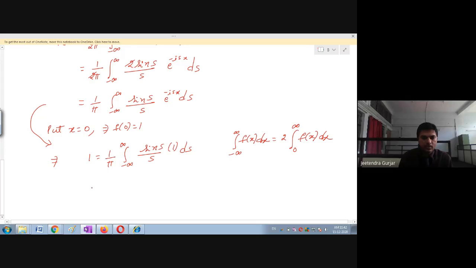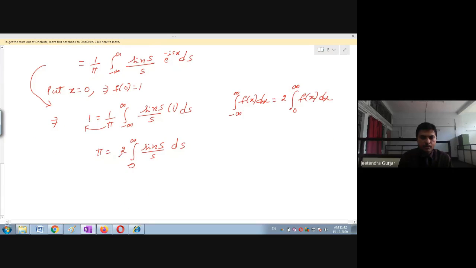So I will bring this pi on this side: 1 into pi will become pi, which is equal to 2 times integration 0 to infinity sine s upon s ds. Now I will bring this 2 below, so this will become pi upon 2 is equal to integration 0 to infinity sine s upon s ds.